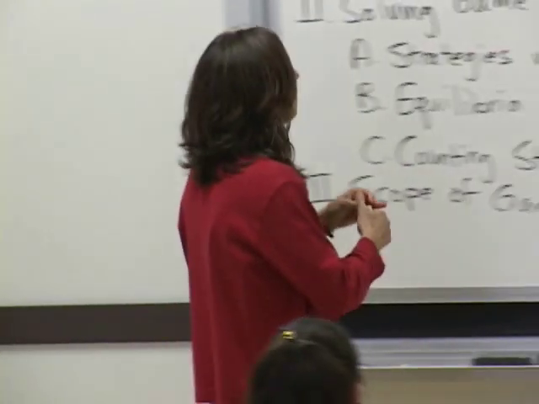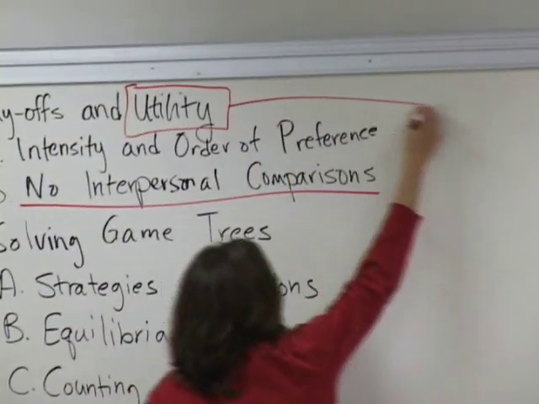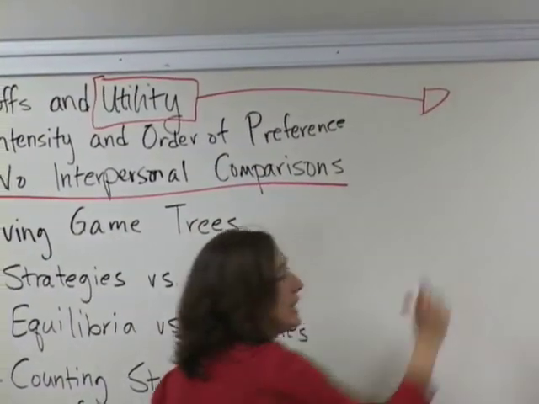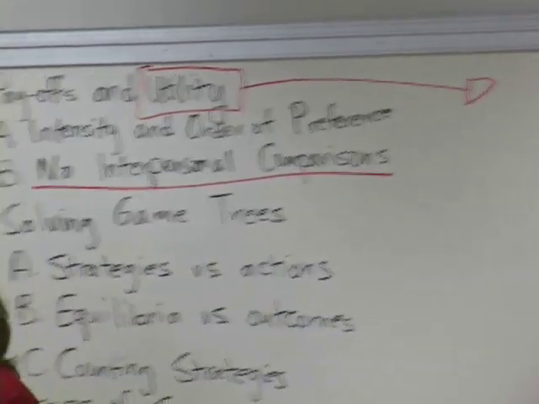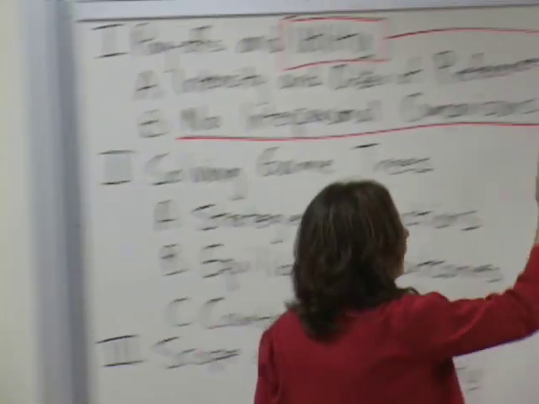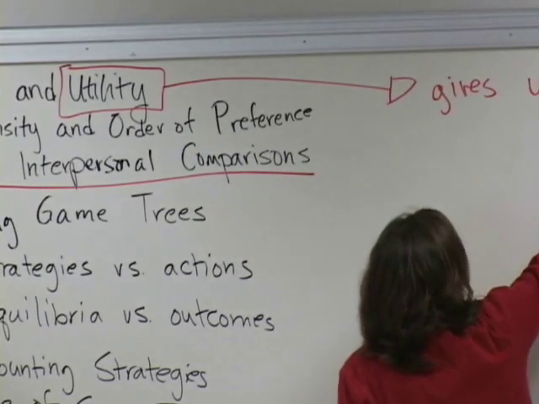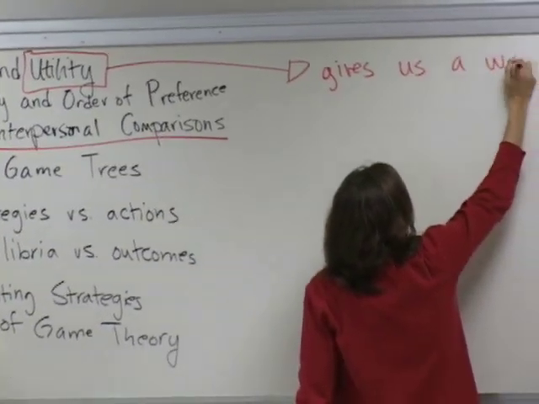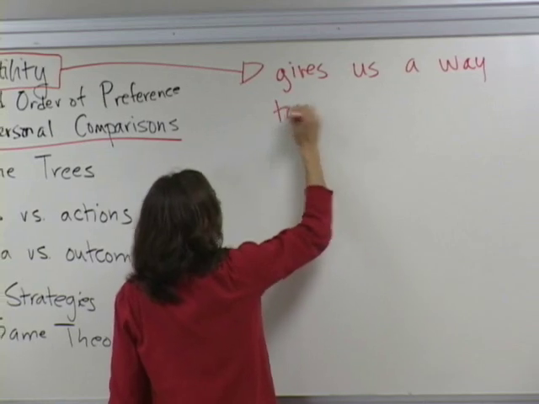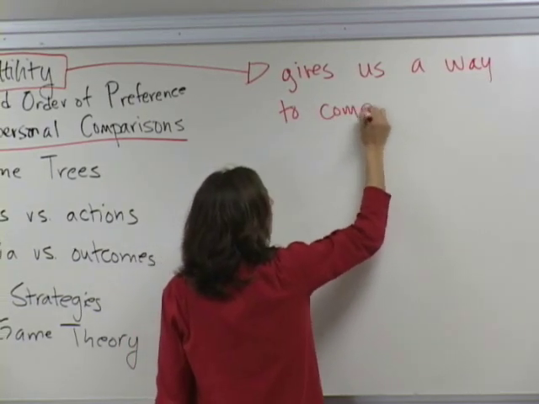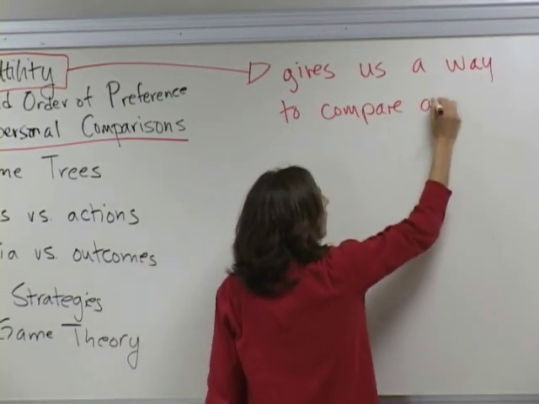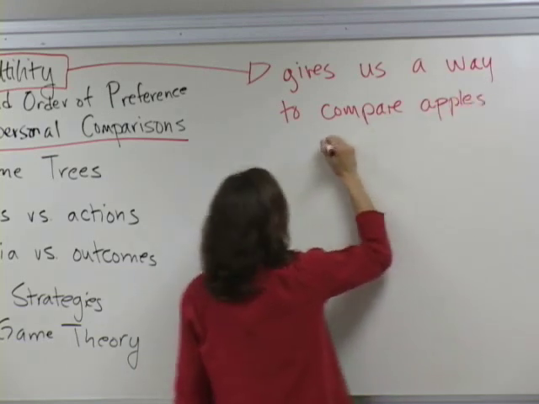One way that people often understand the concept of utility is that it gives us a way to compare apples and oranges.